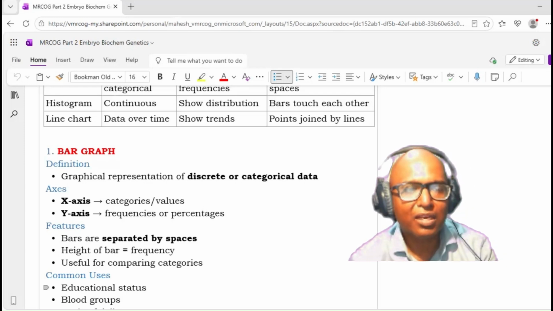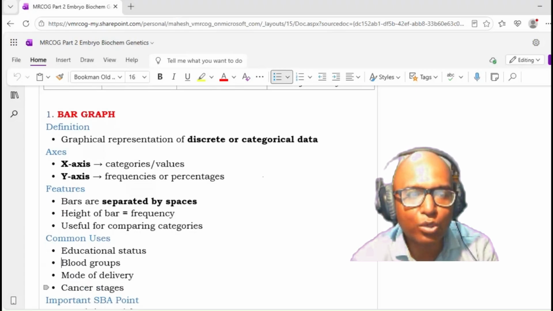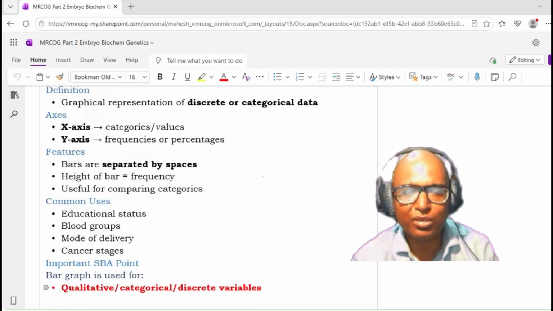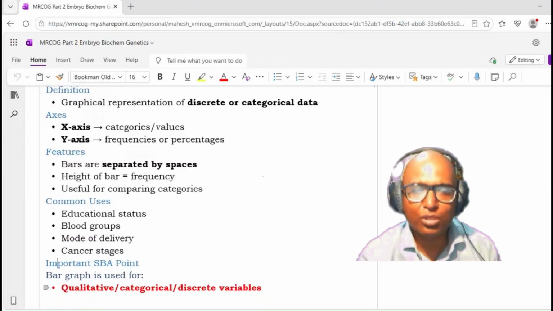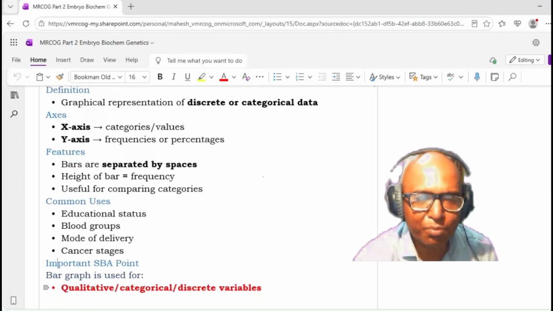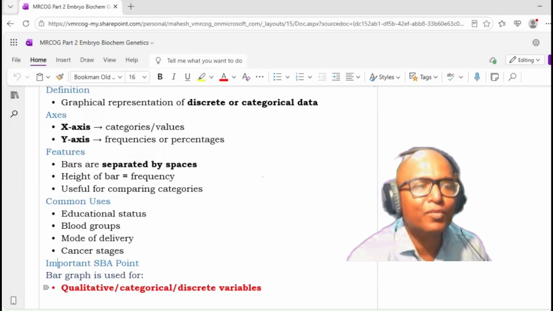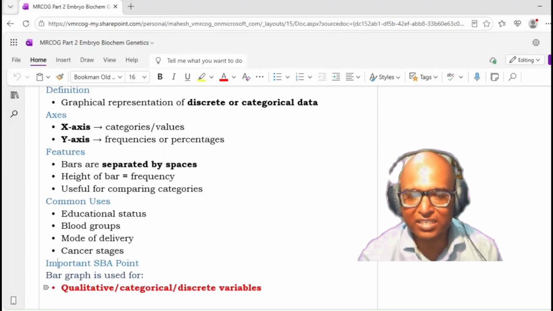The common uses are mainly for educational status, blood groups, mode of delivery, and cancer stages. These are different categories. In educational status you will have different classes, so you put it in this bar diagram. So a bar graph is used mainly for qualitative or categorical data or discrete variables.